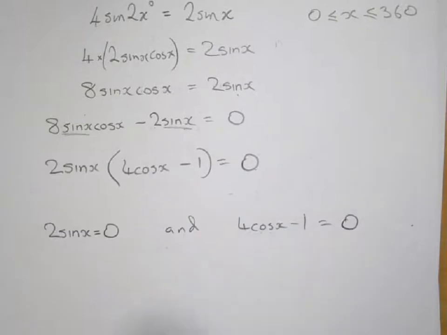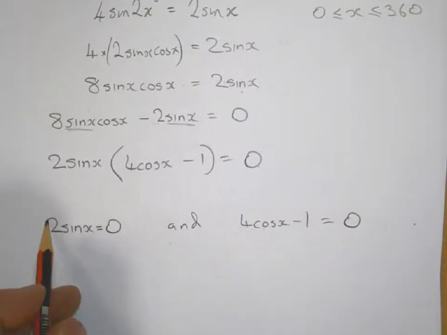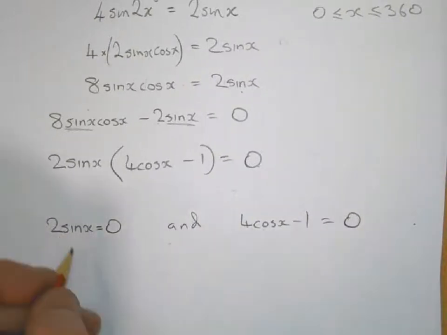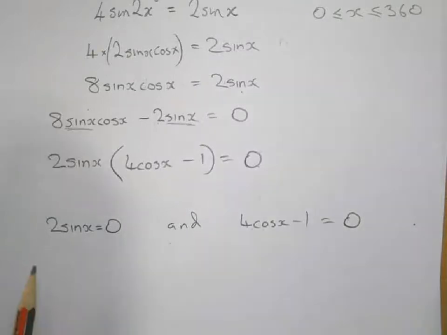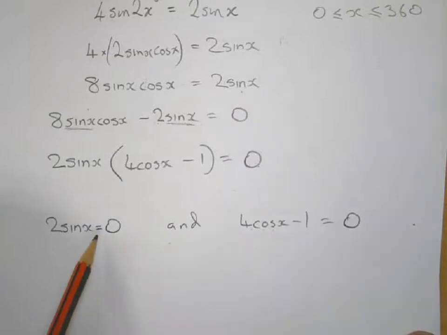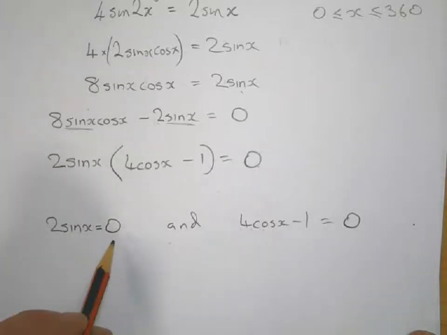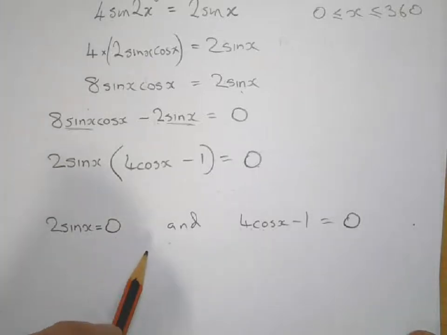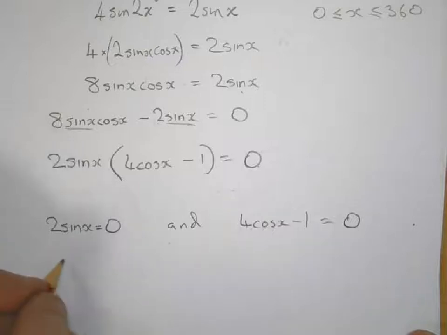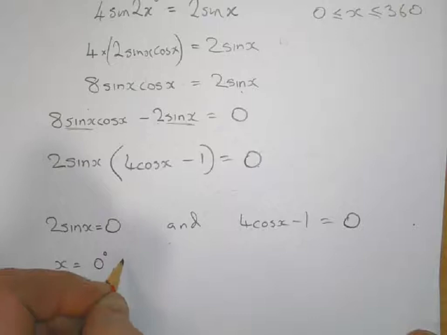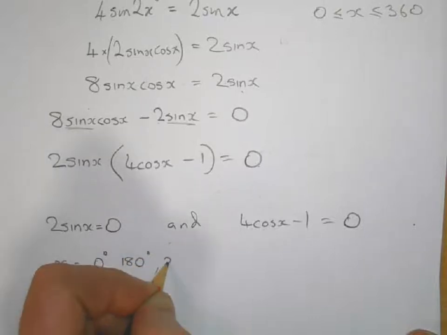So the only angle that will give you 0 for the sine is 0 degrees, 180 degrees, and also 360 degrees. So x here can be 0 degrees, 180 degrees, and also 360 degrees.